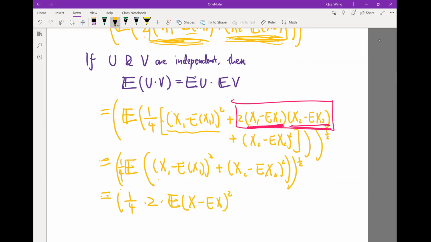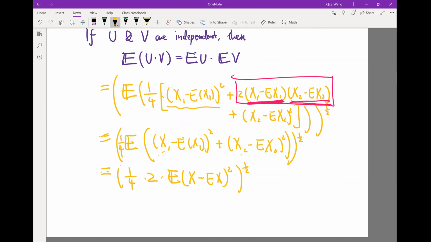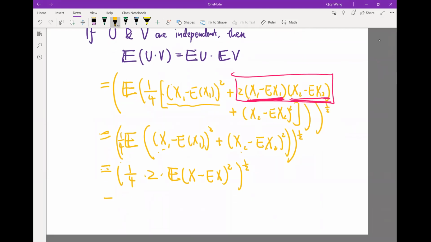Remember, x1 and x2 are identically distributed, so the expectation of the same function of them is going to be the same. So if I keep going, the fourth cancels with the 2, so I get half here, and half taken square root is 1 over square root of 2 times the square root of the expectation of (x minus E[x]) squared, which is the standard deviation, right?